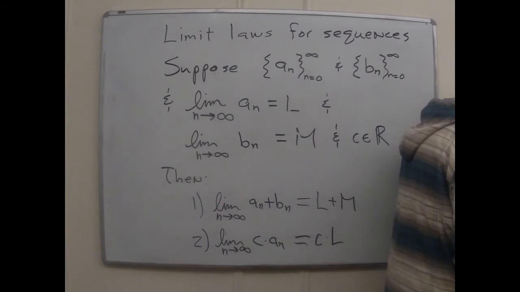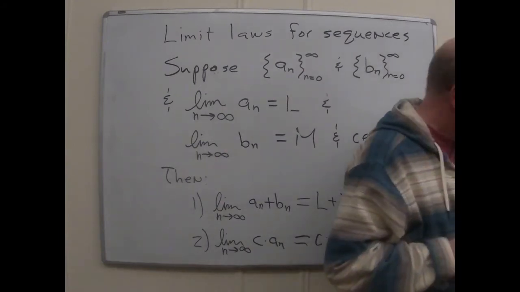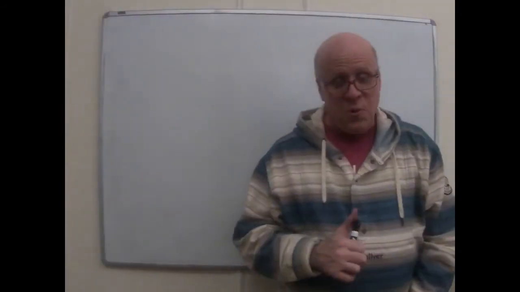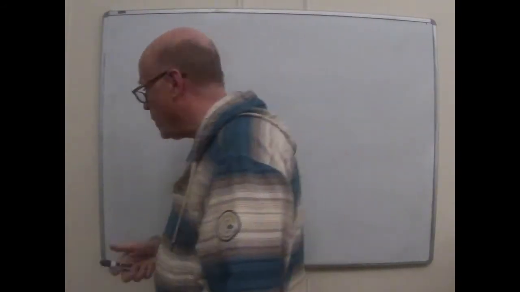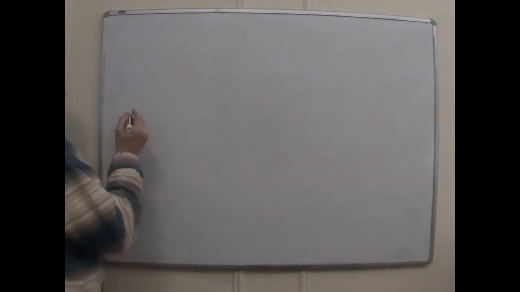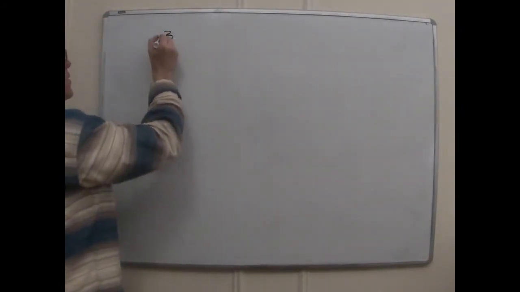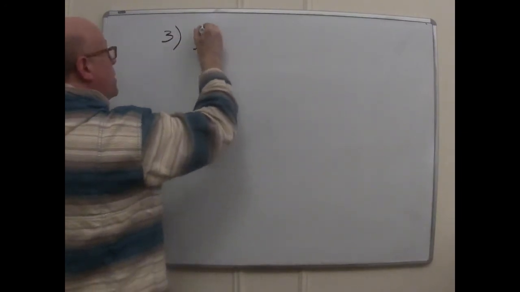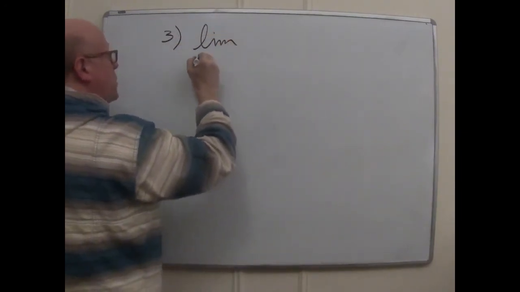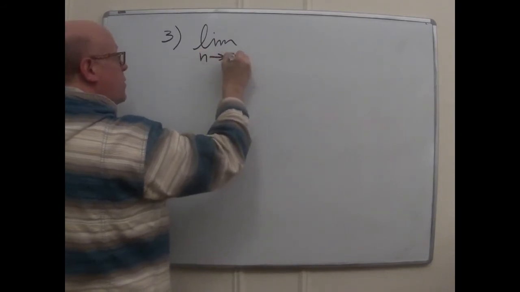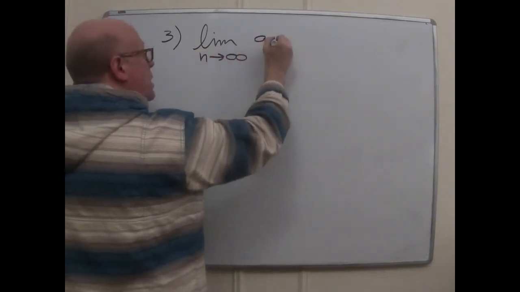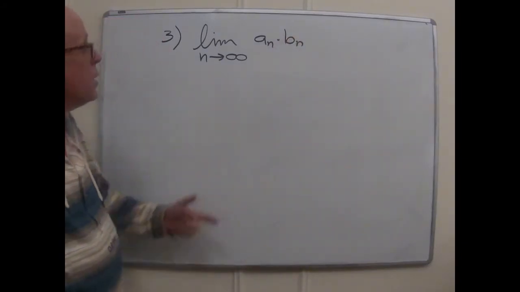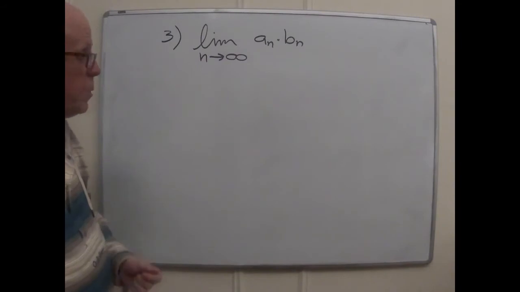So the other two limit laws are ones that involve products and quotients. So if you need the limit of a product of two things, again, as n goes to infinity, so this would be a sub n times b sub n, well, it works in the way you would hope, that you can just take the limits separately and multiply.